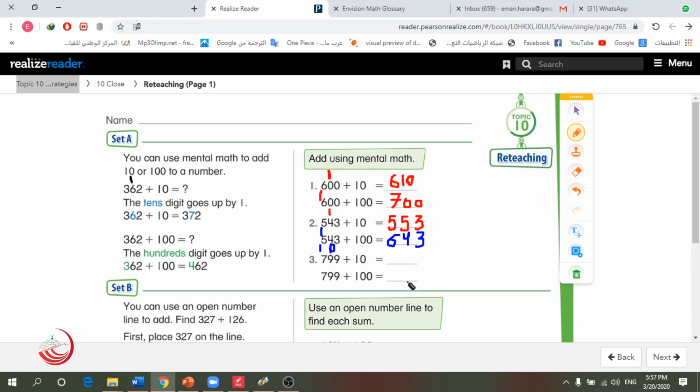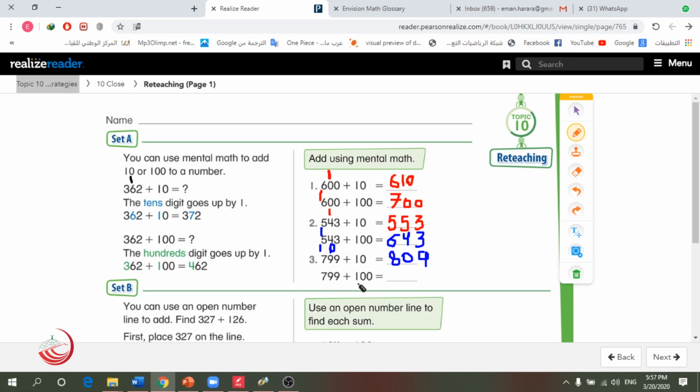So 1 plus 7, it will be 8, and the 0 here will stay the same. 0 plus 0 will be 0, and 0 plus 9 will be 9. So the answer will be 809.